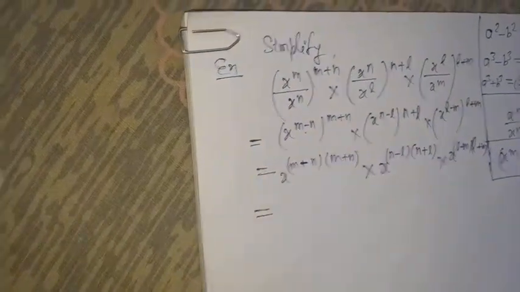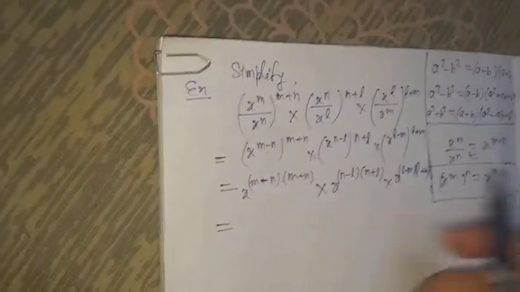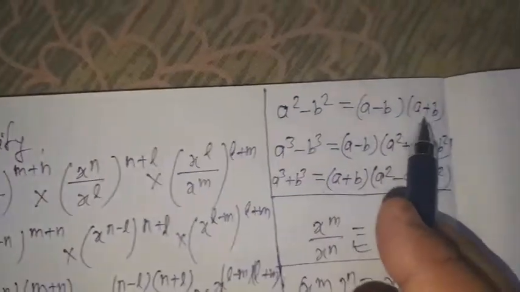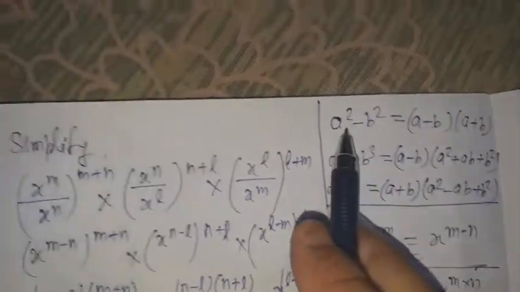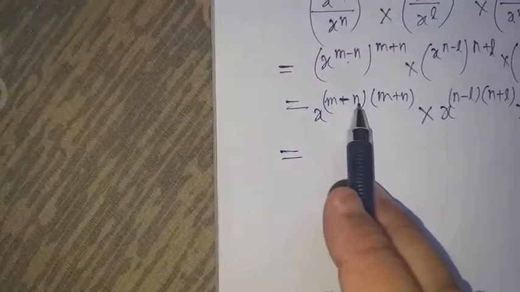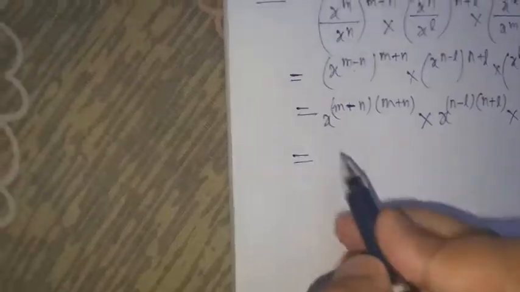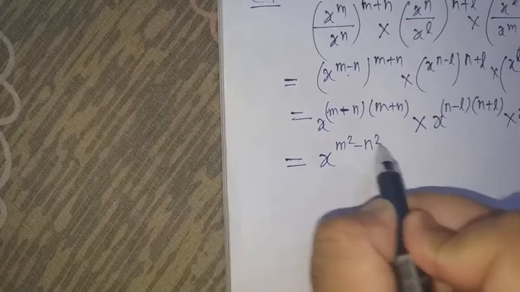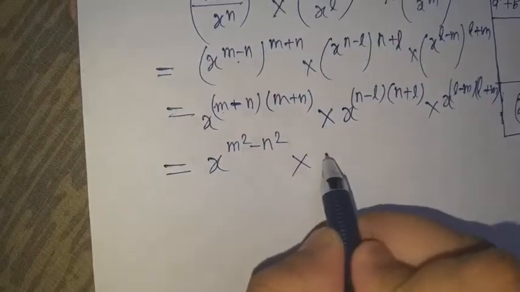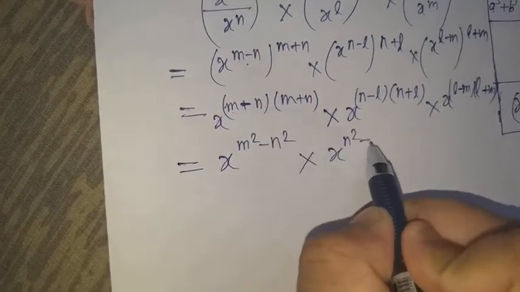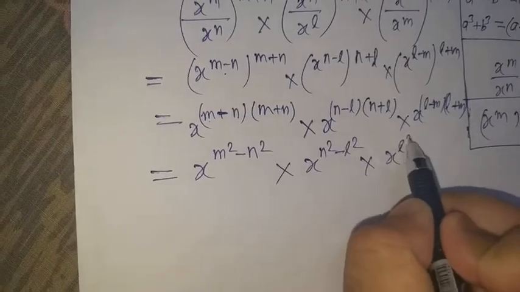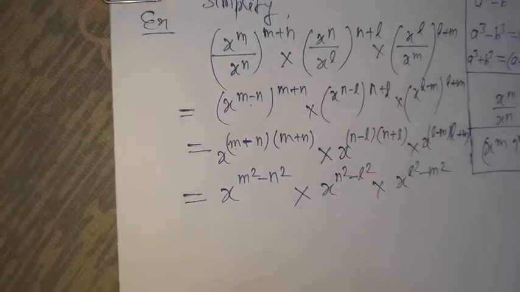Now, that formula: (a minus b) into (a plus b) is equal to what? a square minus b square. In the similar way, (m minus n)(m plus n) becomes m square minus n square. Similarly, this becomes n square minus l square, and similarly, this becomes l square minus m square.